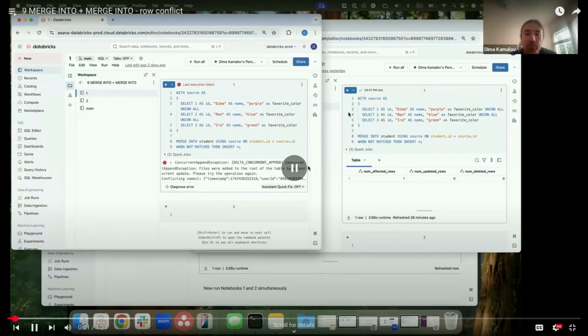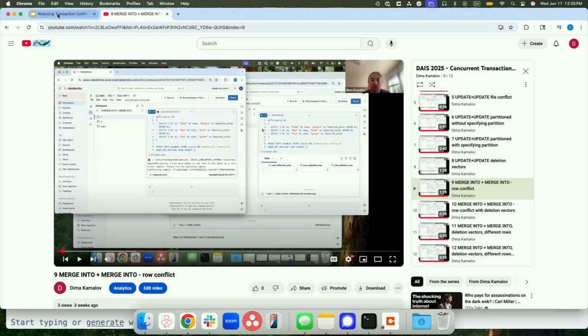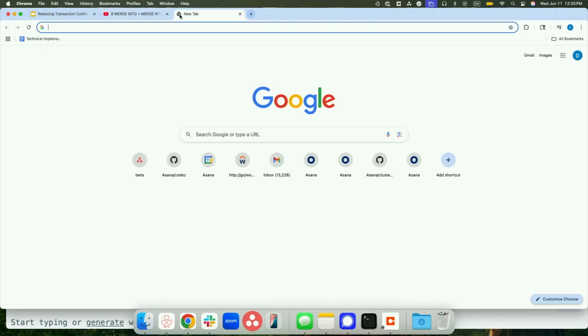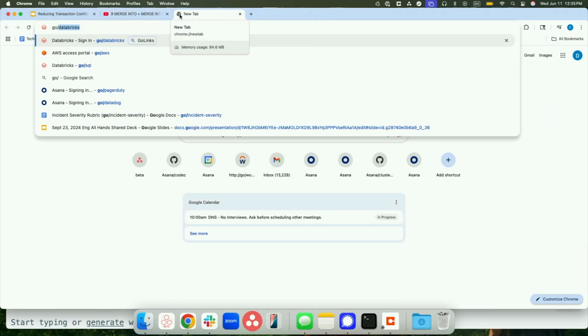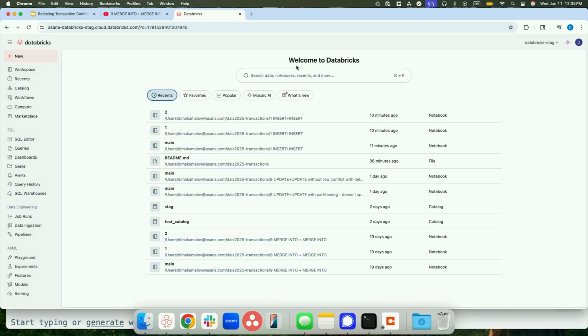In this ninth example, now we're going to move into merge intos. An interesting thing about this example is, and let me actually get the code so I can zoom in on it, inserts, again, running.